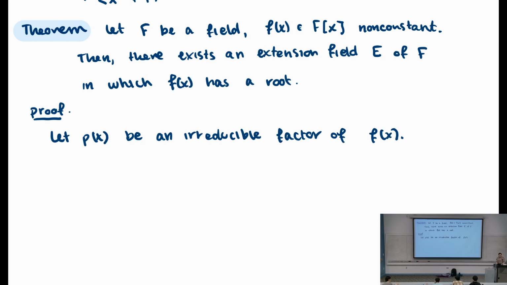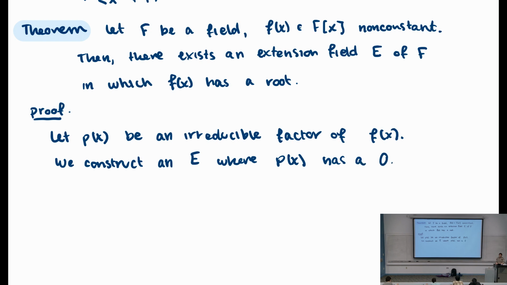Okay, so then it's enough to show that there is an extension field E in which p of x has a 0. So we construct an E where p of x has a 0. So what should E be?